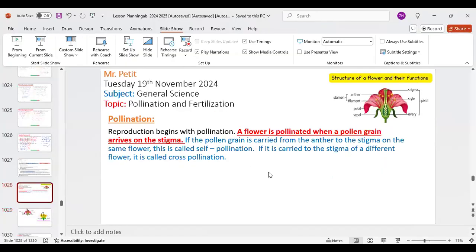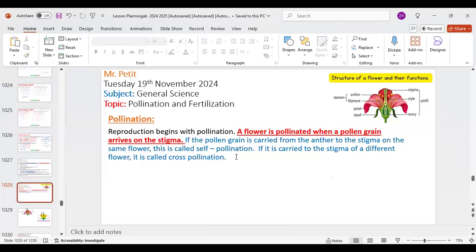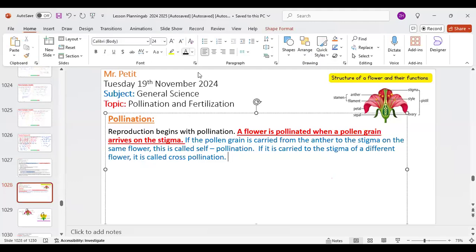So if pollen grain is carried from the anther to the stigma of the same flower, it's called self-pollination. If it's carried to the stigma of a different plant, it's called cross-pollination. Let's continue. For some flowers, the pollen is carried by the wind.